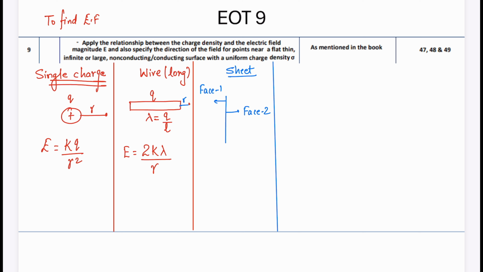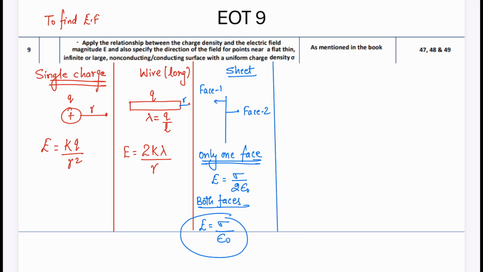If you want to solve electric field for only one face, E is equal to sigma by 2 epsilon naught. Or if you have to solve for both the faces, E is equal to sigma by epsilon naught.